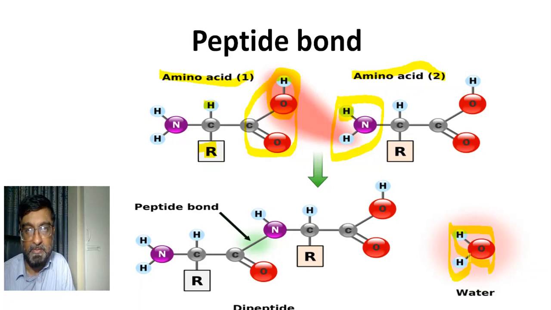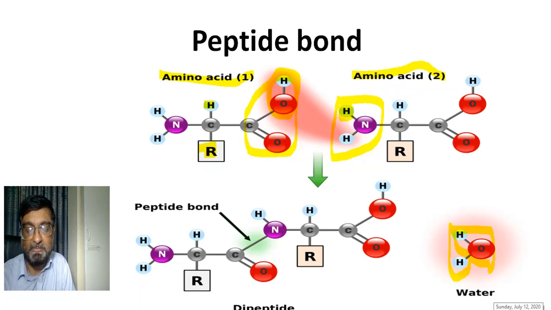So when two amino acids link through peptide linkages, there is a release of a water molecule, with OH from the first amino acid and H from the second amino acid participating. That makes a dipeptide linkage. Why is it a dipeptide?